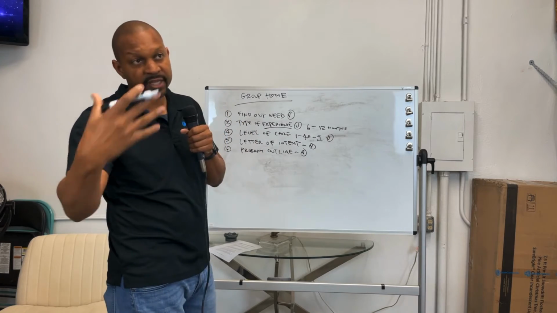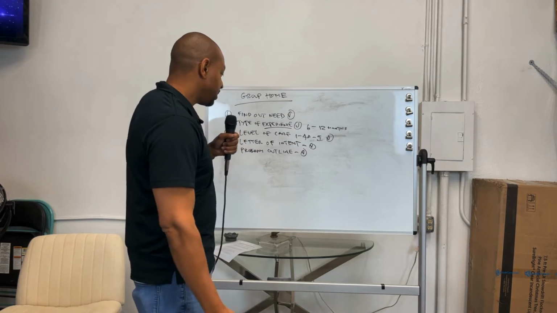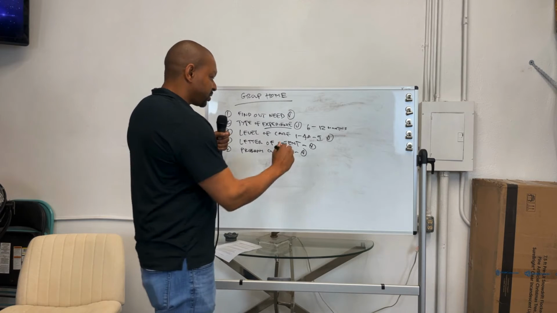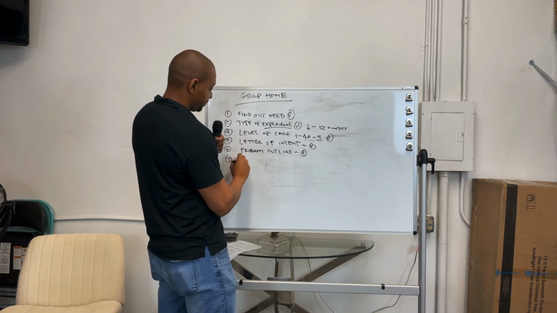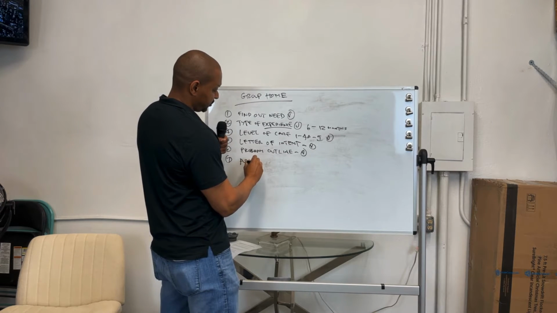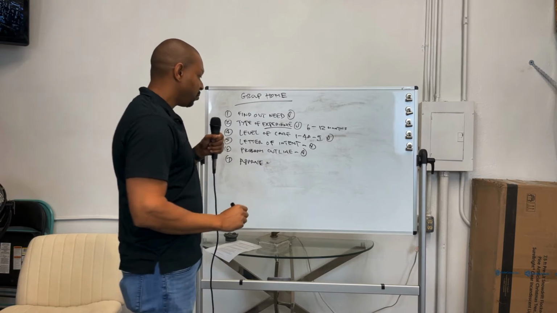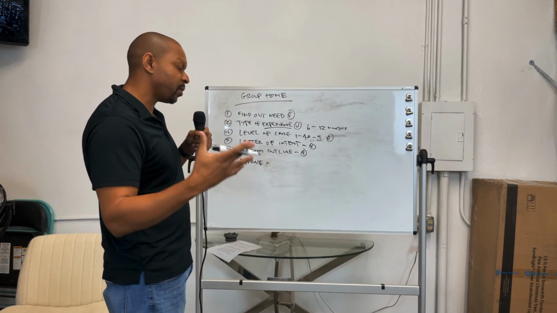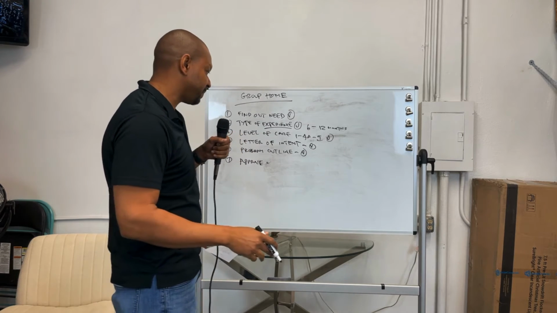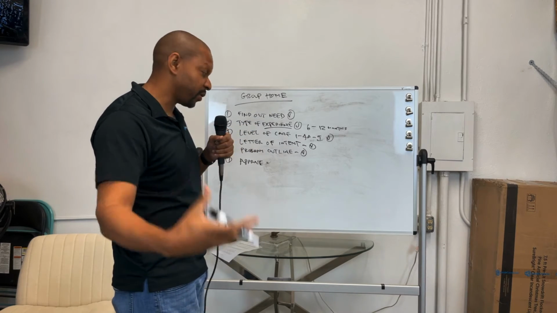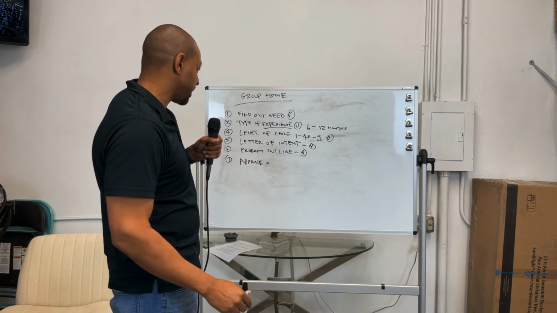You make corrections every 45 days or so, but you go back and forth until they approve it. Once they approve it, then they'll work with you on developing your program once they approve that program design.